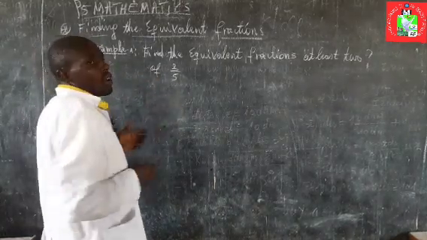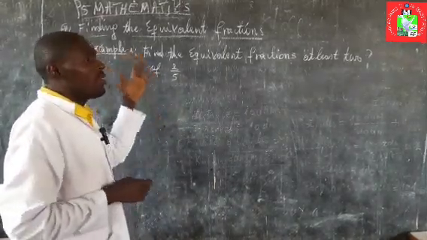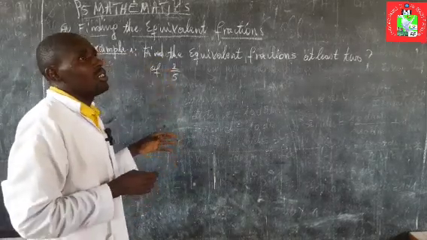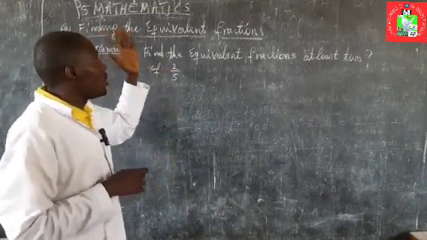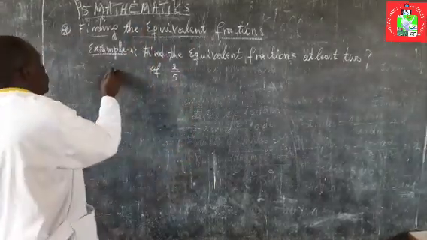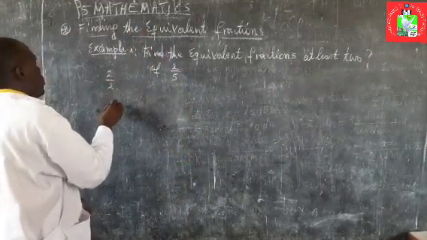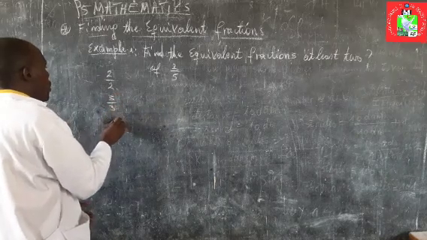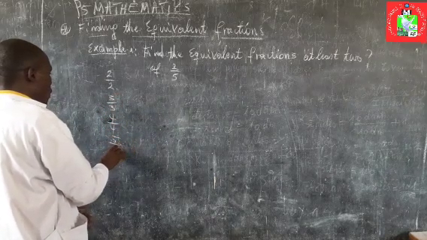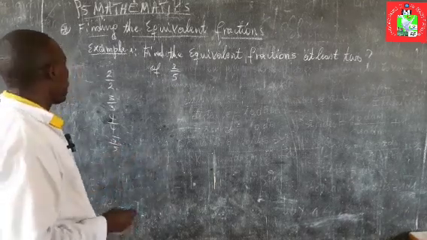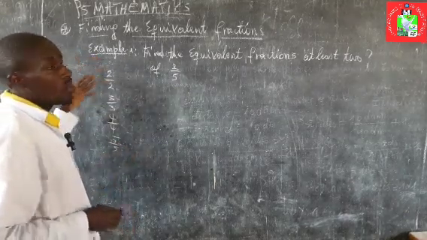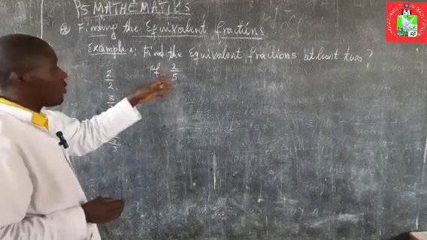When you are finding equivalent fractions, we take a given fraction and multiply it by 2 over 2, 3 over 3, 4 over 4, 5 over 5, and so on. Those are common fractions that we multiply on a given one.